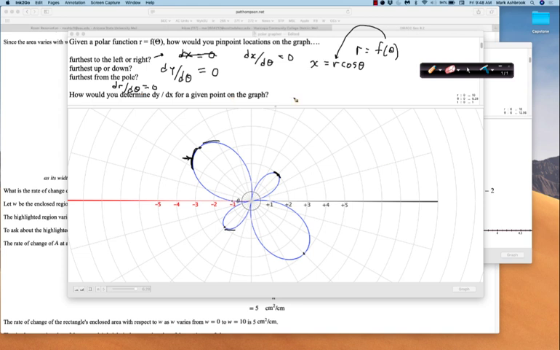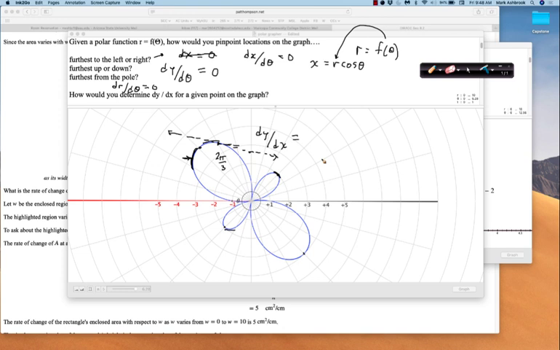How would we get dy dx? So I say I want to write the equation of the tangent line at 2 pi over 3, which is right here. I want to write the equation of that line. And so what do I need for that? I need dy dx, or the rate of change of y with respect to x. How am I going to get that?